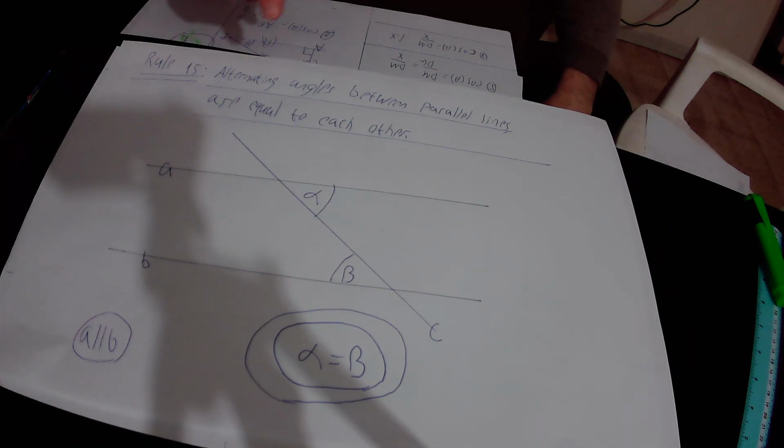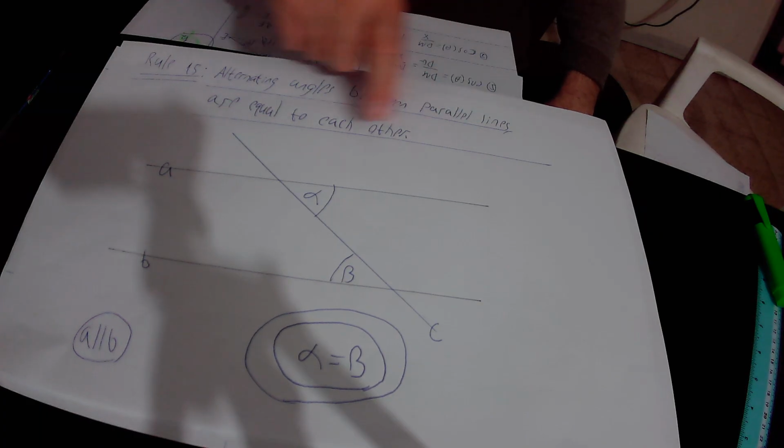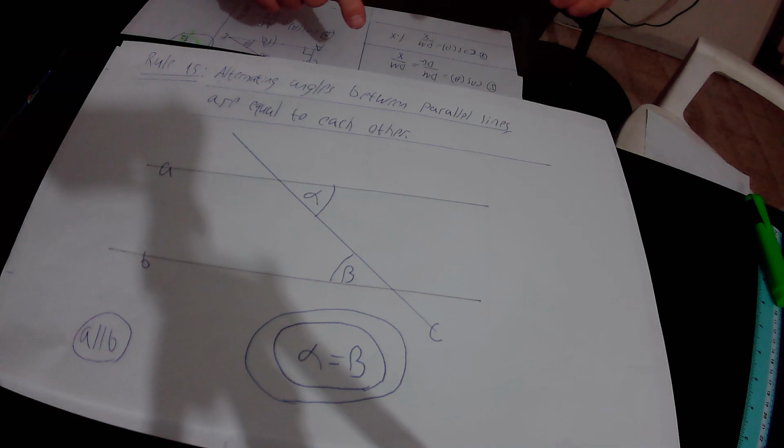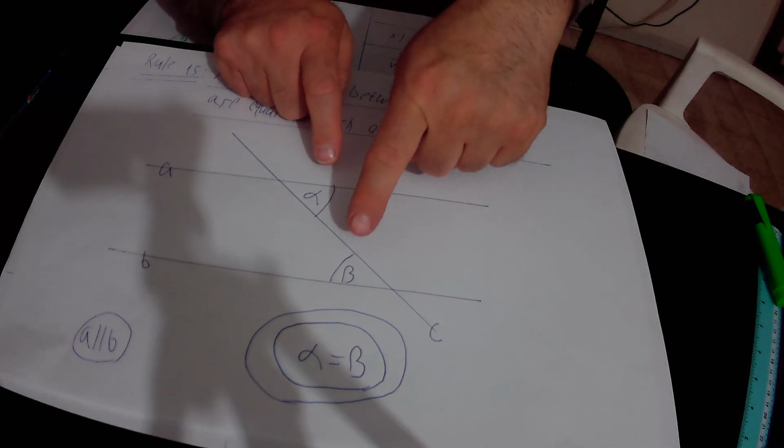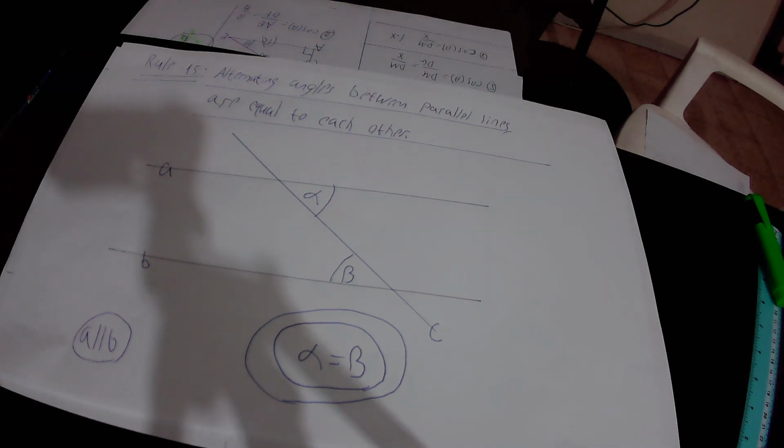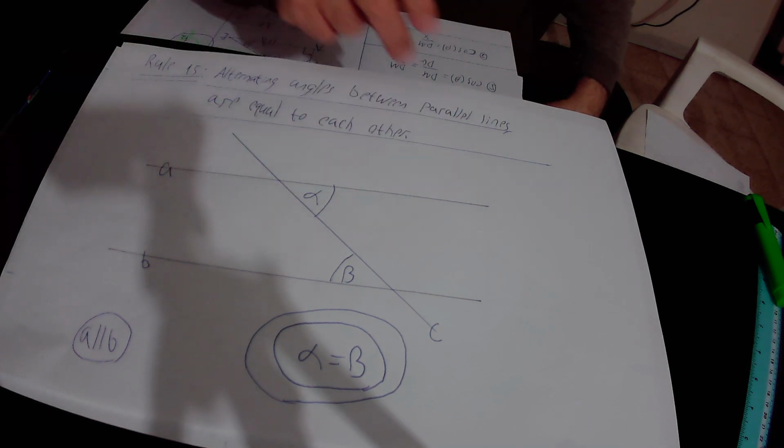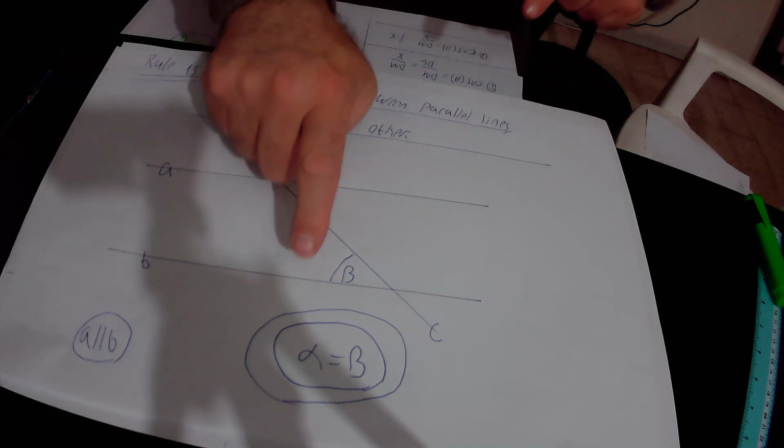we have here line A parallel to line B, and angles alpha and beta are defined as alternating angles located between the parallel lines A and B, and therefore they are equal to each other. That is to say, alpha equals beta.